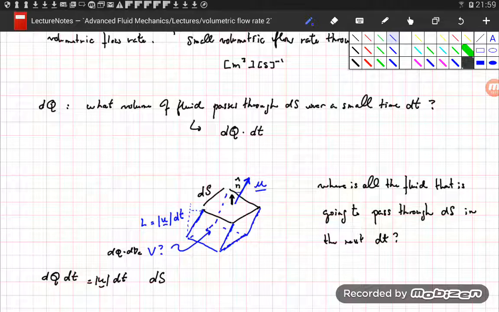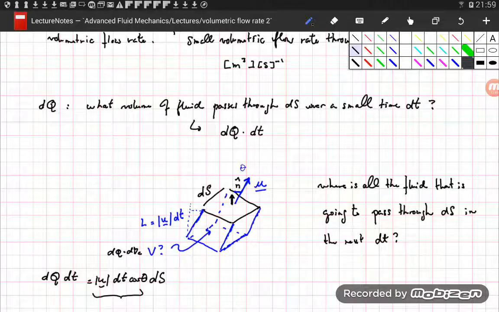But here there's a little angle, this angle theta between the normal n and u, and this volume is therefore ds times u dt times the cosine theta. U dt cosine theta is this length here projected on the direction normal to the surface ds.